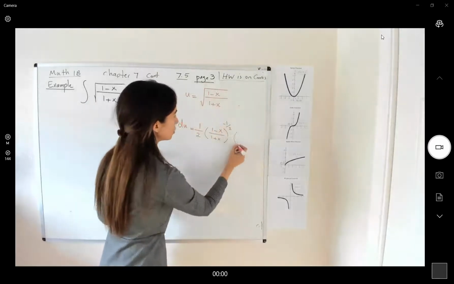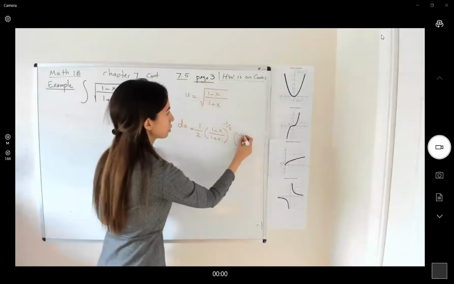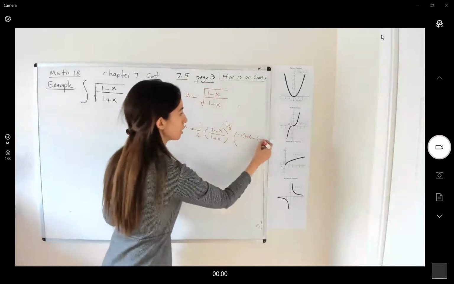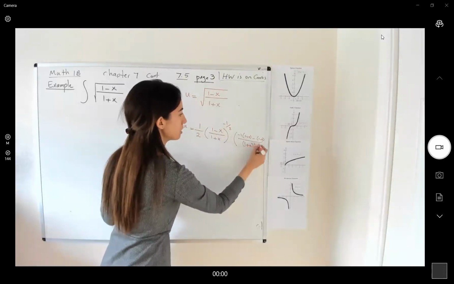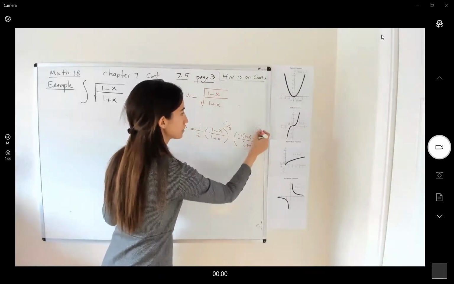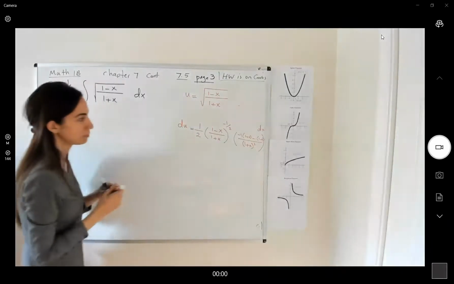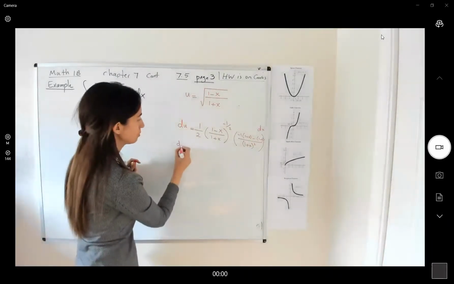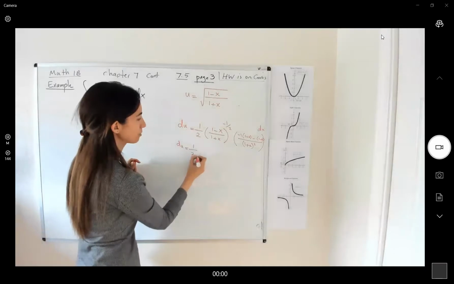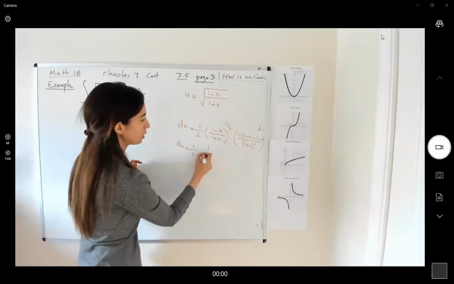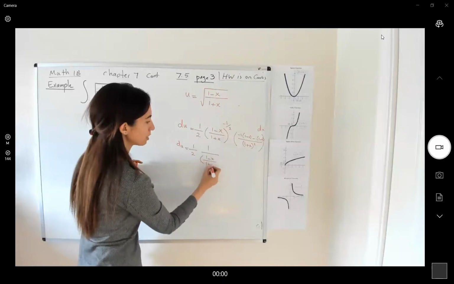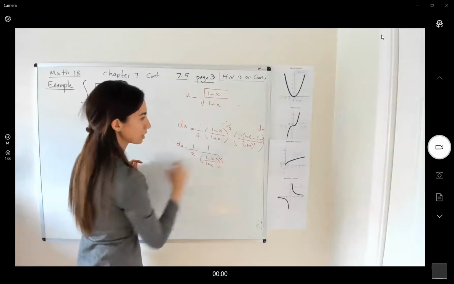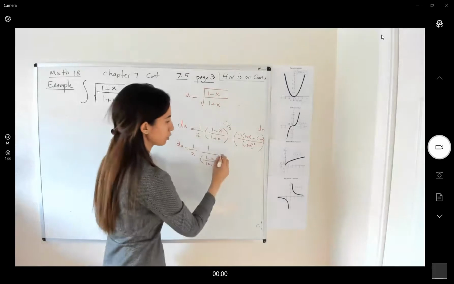This is equal to negative 1 times (1 plus x) minus (1 minus x), divided by (1 plus x) squared, dx. So du is equal to a half times 1 divided by (1 minus x)(1 plus x) raised to positive a half.